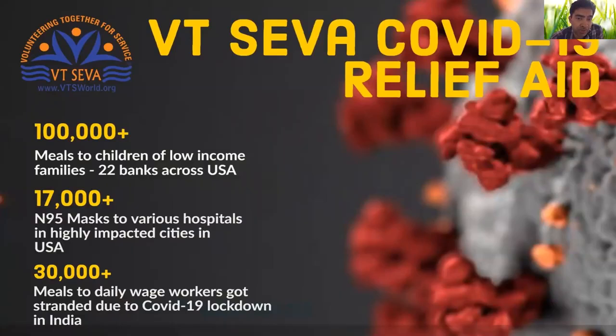You can see the numbers on your screen, the impact that the Vtsava and JET chapters across 30 to 40 cities have had. Together we have been doing this project over the past couple of weeks, and we have raised $100,000+ to provide food to the food banks, masks to various hospitals in the highly impacted cities, and importantly meals to the daily wage workers and migrants who got stuck with the lockdown restrictions in India.